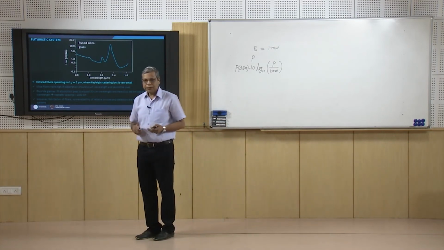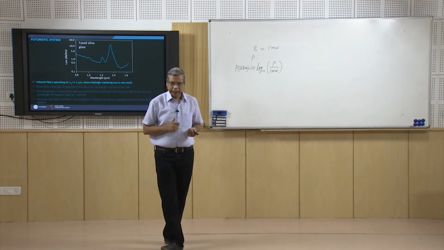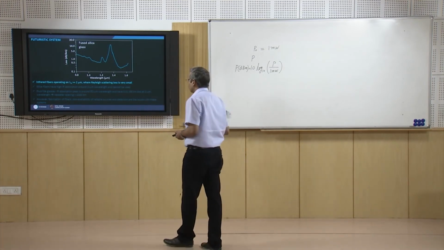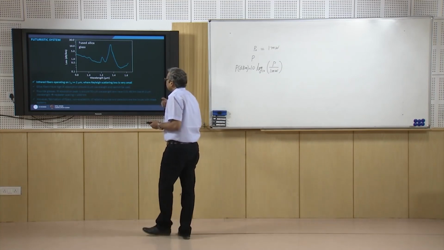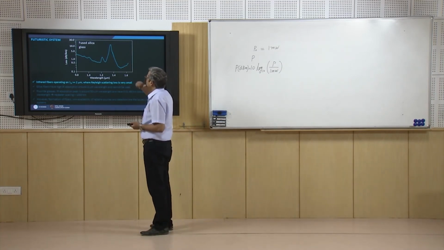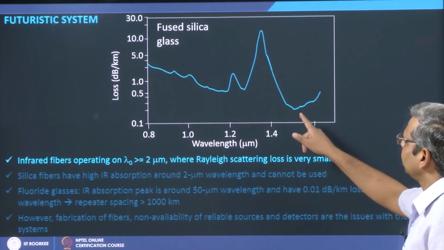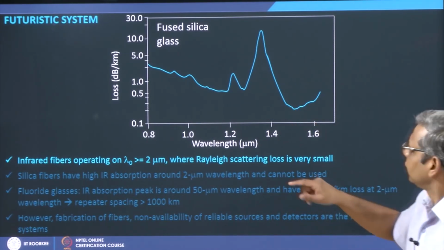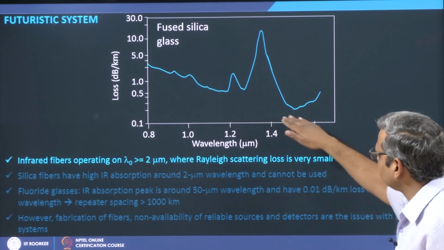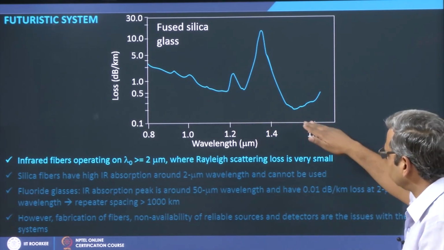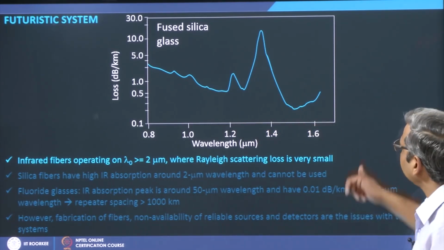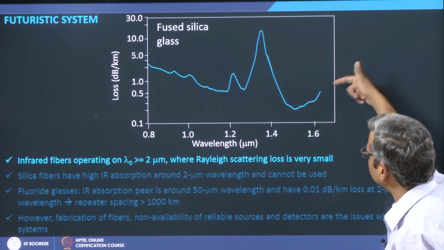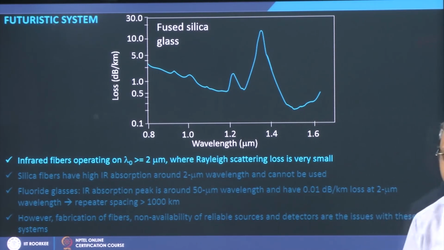Then what is the futuristic system? Can we still bring down the loss of the optical fiber? In silica glass fiber, I have seen that the lowest loss wavelength is 1550, where the effect of Rayleigh scattering has almost diminished and the tail of infrared absorption has also almost died down.